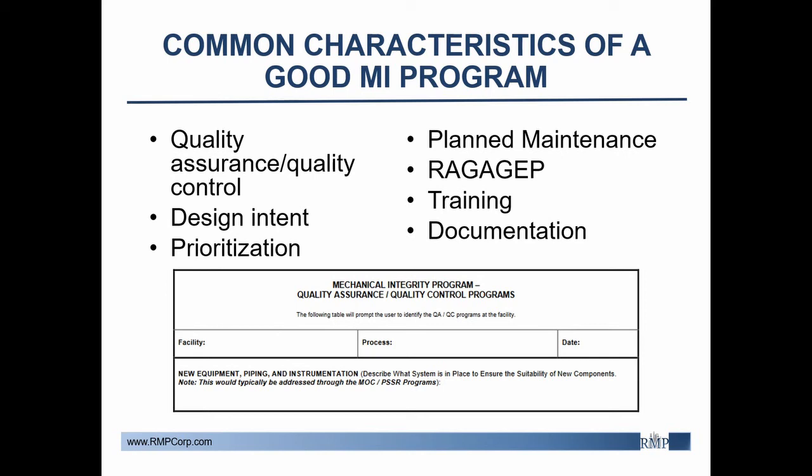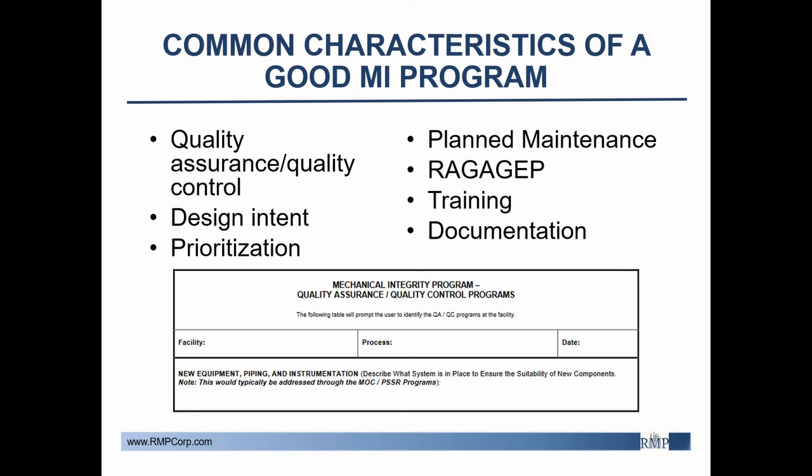Other common characteristics of a good MI program are where the MI program clearly designates equipment included in the program based on defined criteria, prioritizes equipment to help optimally allocate resources such as personnel, money, and storage space. It helps plant staff to perform planned maintenance and reduce the need for unplanned maintenance. It incorporates RAGAGEP. It helps plant staff recognize when equipment deficiencies will lead to serious accidents.